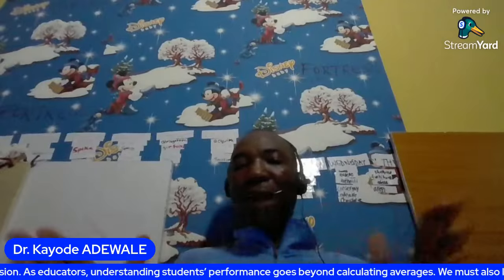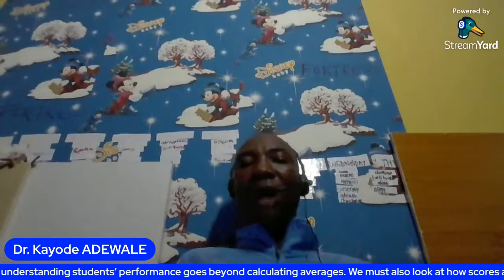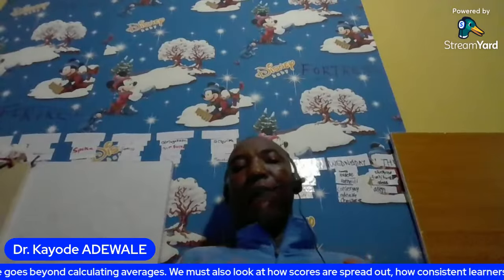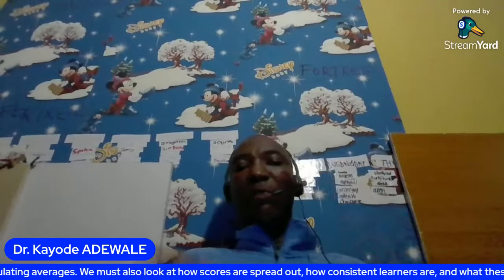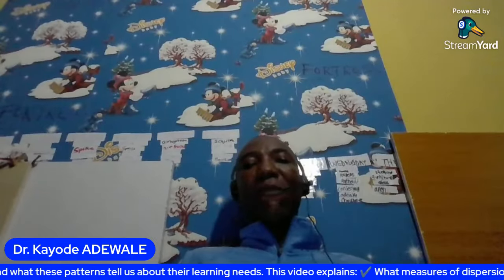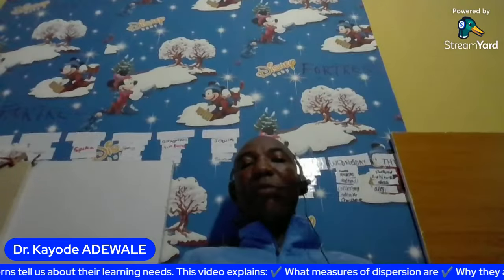It's all about how the data values are spread out from the center. As an educator, we often work with data like scores, the attendance of students, the performance trend of students, and classroom assessments.